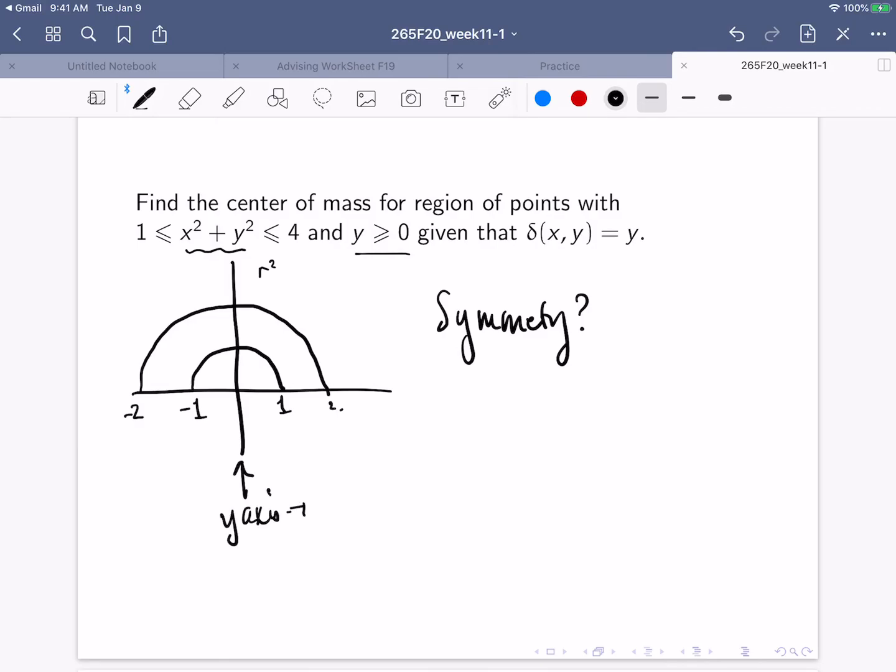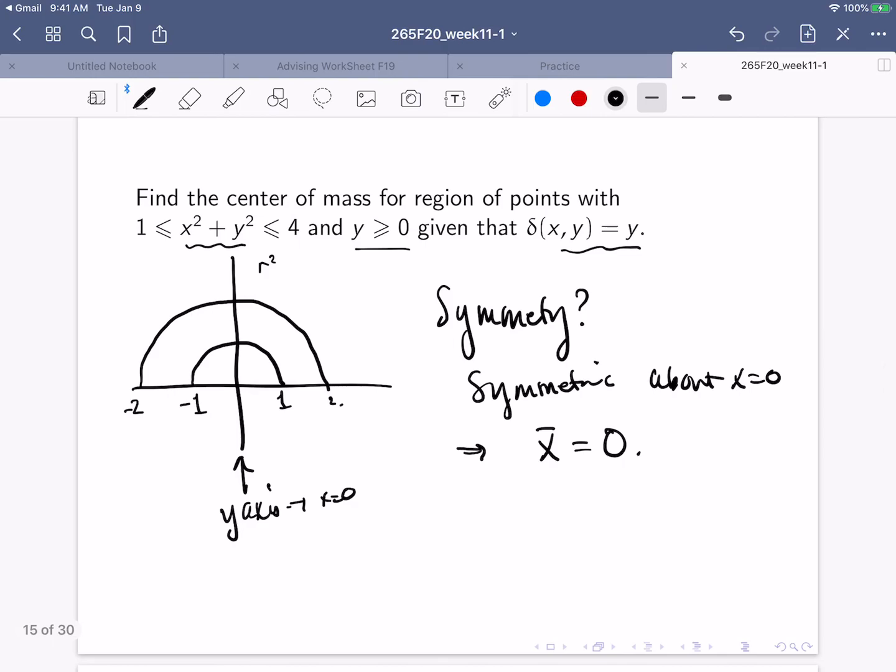So that would be x equals 0. And since density doesn't depend at all on x, I can say that the region is symmetric about x equals 0. So therefore, x bar will lie on that line of symmetry. So that means x bar has to be 0. Okay. So that eliminates about 1/3 of the work for us.